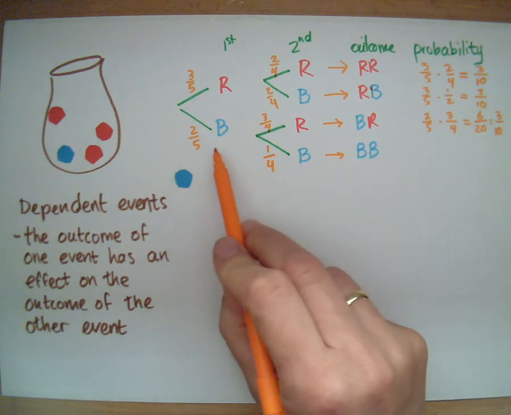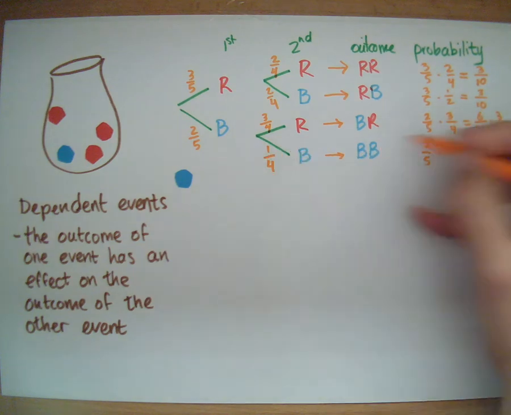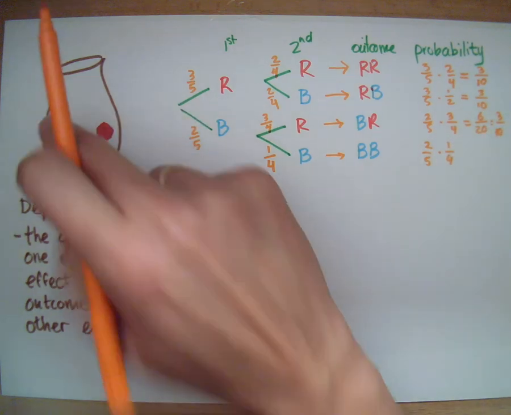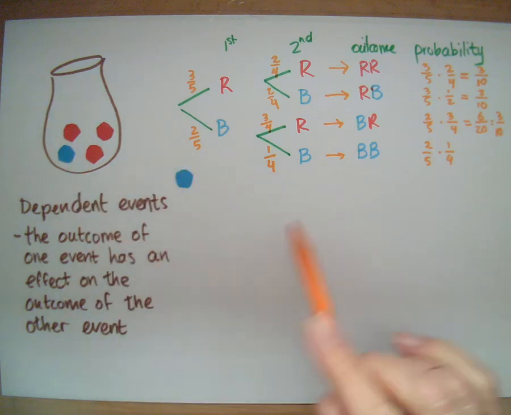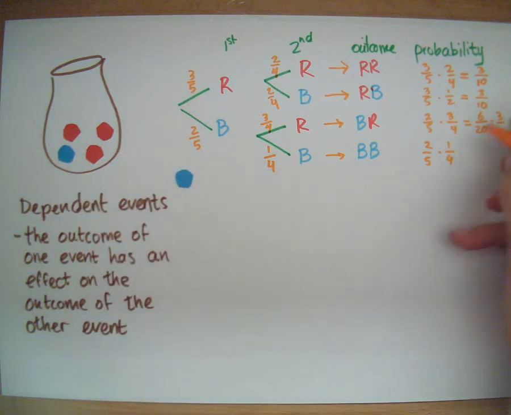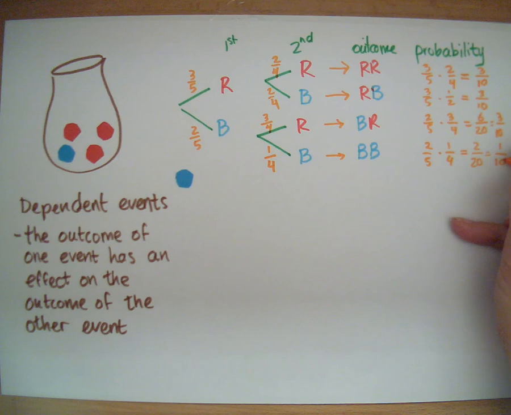Getting blue on the first draw is 2/5, just like here, times 1/4. This last one, the chance of getting blue on the second draw after you've already picked out a blue, is small. 1/4. 2 times 1 is 2, 5 times 4 is 20. And we can simplify this to 1/10.